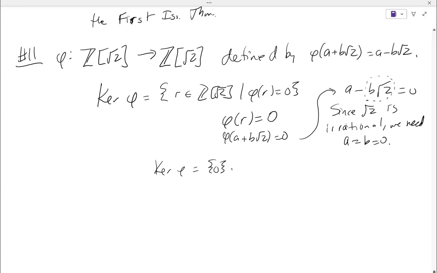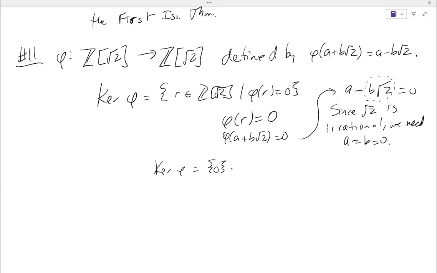What does that tell you about the function if the kernel is 0? The function itself is 1 to 1. All right, so we really have an isomorphism, correct?